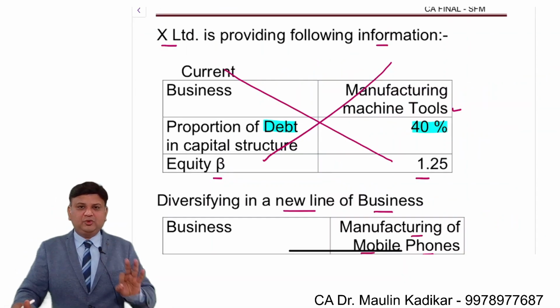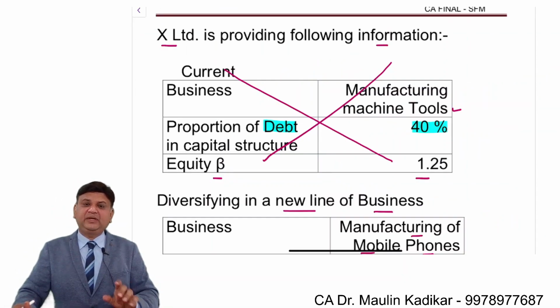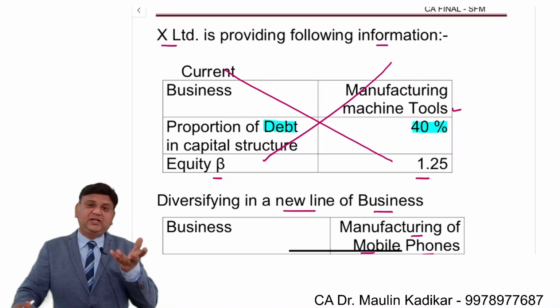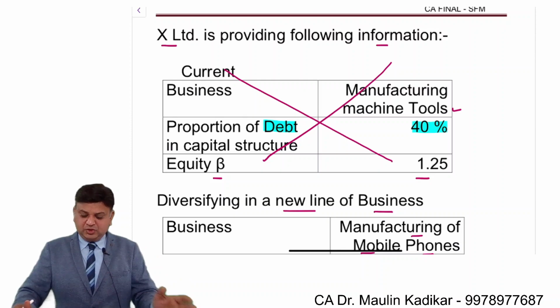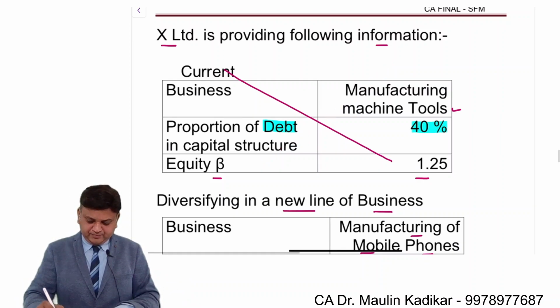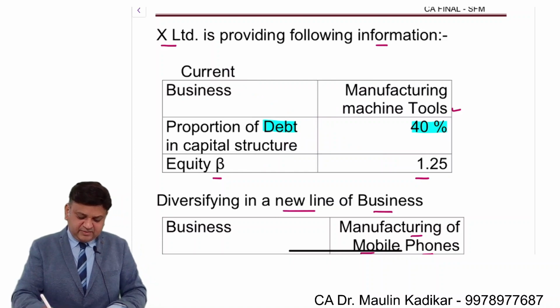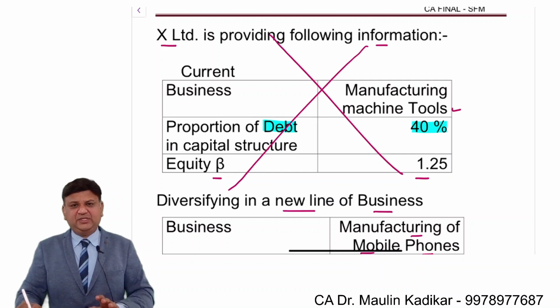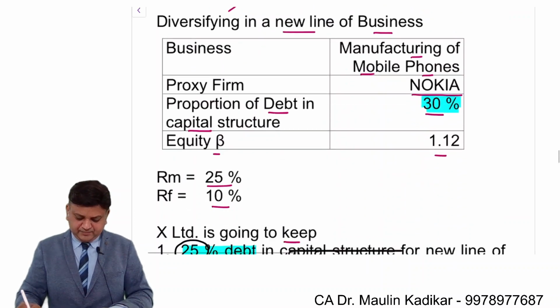I am dictating a note to you. Before that, I just want to complete this numerical. With that, you will be better able to understand the note that I am going to dictate. So let us make the calculation of the answer and then I will dictate the note to you. The company is providing the following information, wherein current information is given which is of no use.